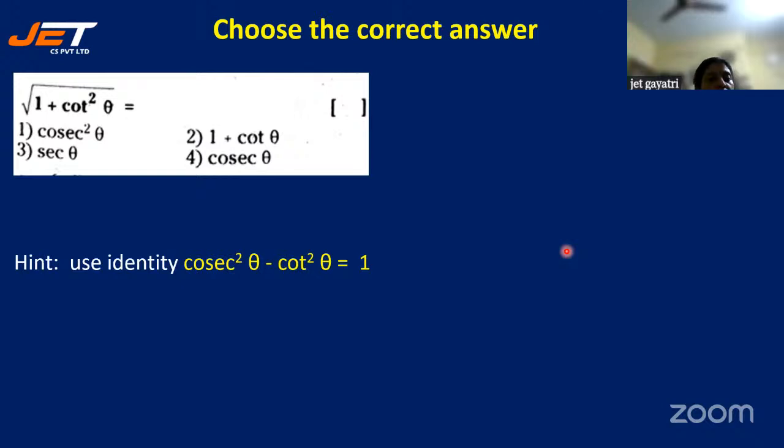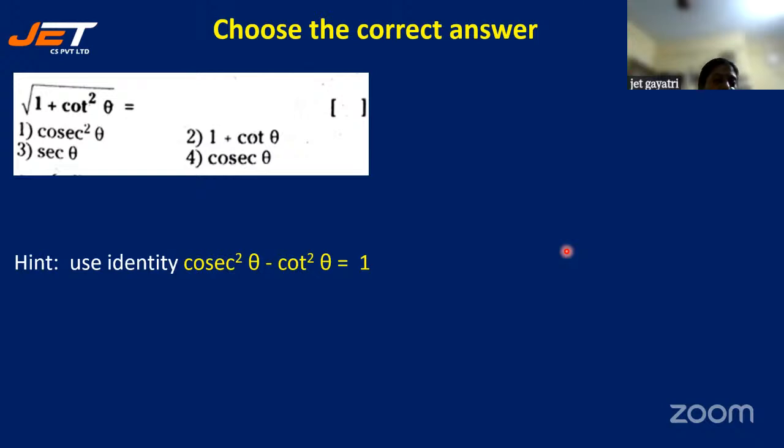Four options are given: cos square theta, 1 plus cot theta, secant theta, cosecant theta. Now here you have to use an identity.